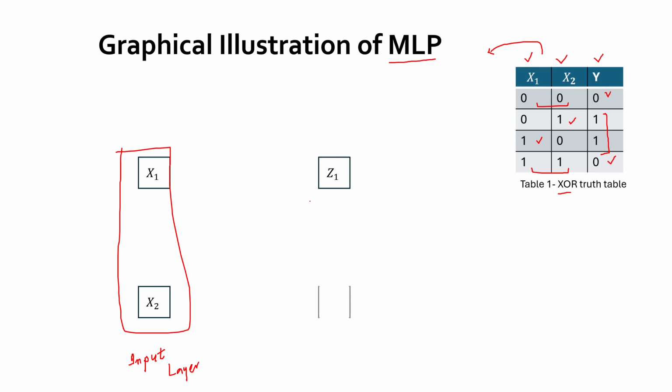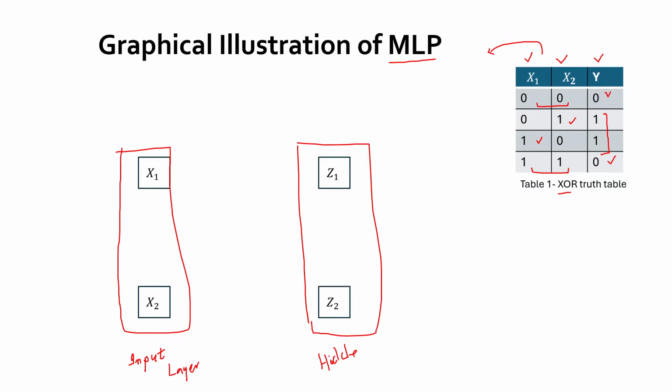And there will be one hidden layer with two neurons, z1 and z2. This is the hidden layer. And there will be one output layer. This is the output layer, and in the output layer there is only one neuron, y.